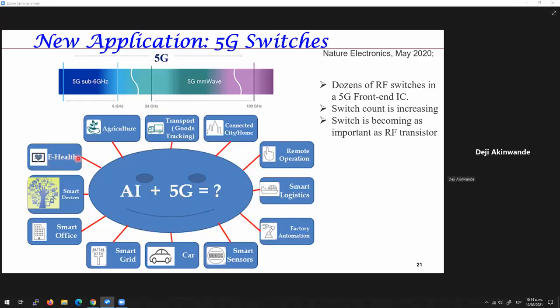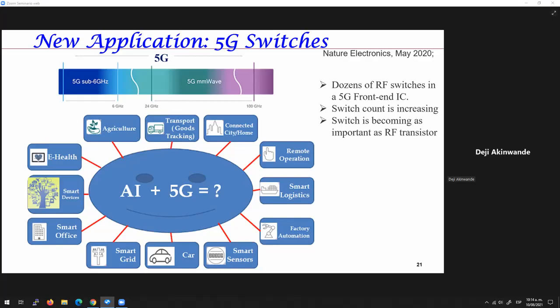You're talking about industries in electronic health, agriculture, transport and goods, education, logistics. All these industries need to connect to the infrastructure, to the network, and they need to do it at low power, at very high data rate to access content and to enable artificial intelligence.